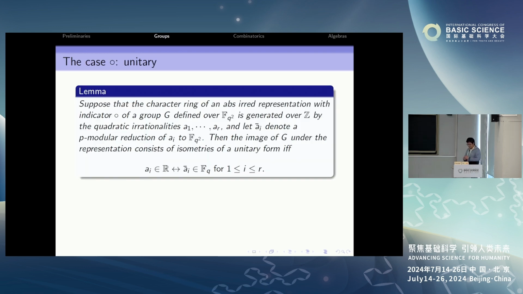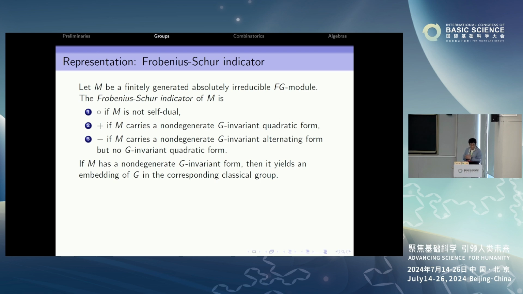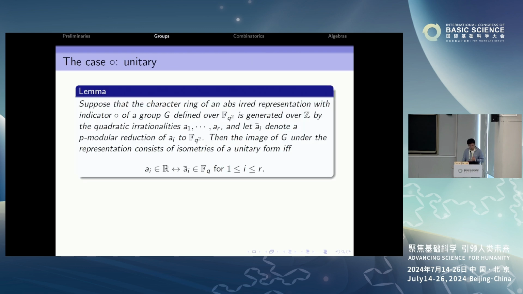The case where the Frobenius-Schur indicator is a circle, where it's not self-dual, it could be quasi-equivalent to its dual. So you have the unitary case. For the unitary case, we have such a useful criterion.